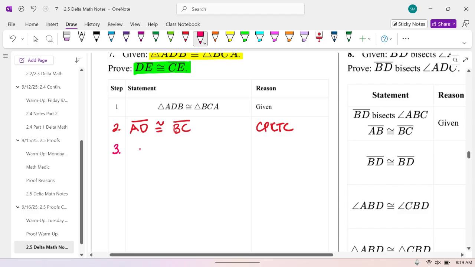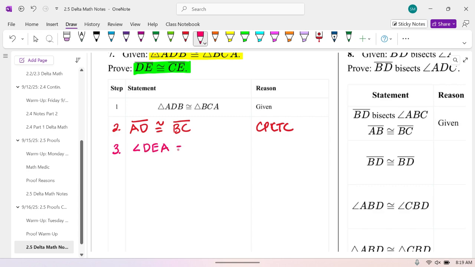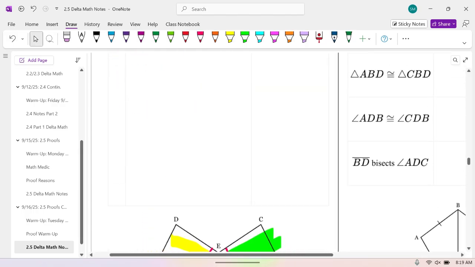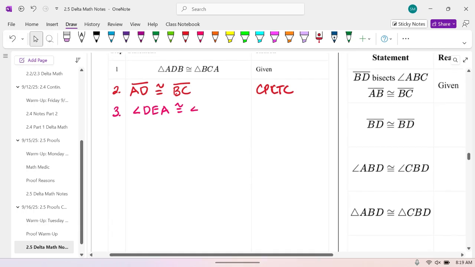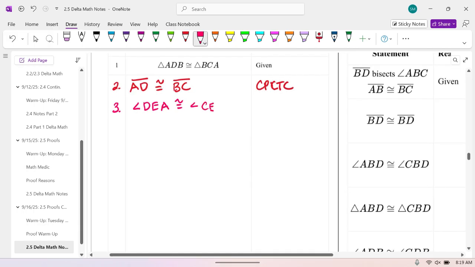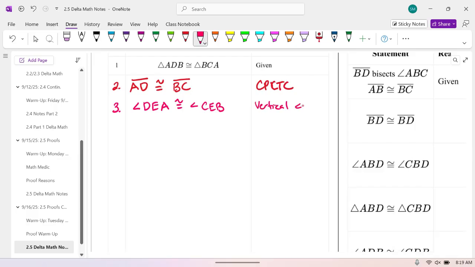So we're saying angle DEA is congruent to angle CEB because vertical angles are congruent.